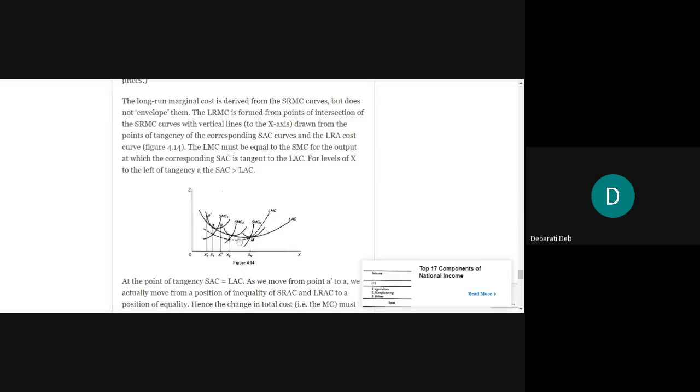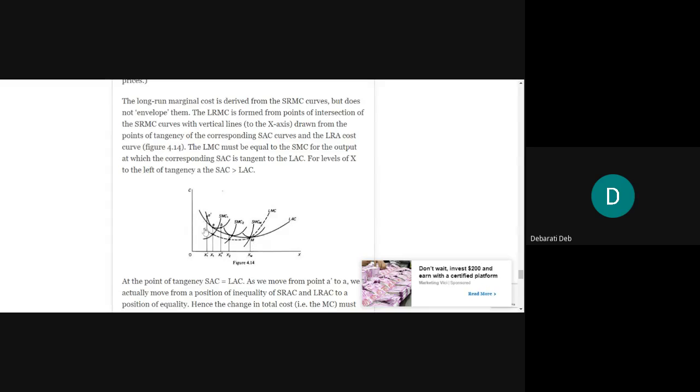See, when we started today's discussion, we started with the short run average cost curve. Then when we were drawing the short run marginal cost, we drew it from the bottom and stretched it towards the top. That point itself, we would draw this SMC through, which will also pass through this equilibrium point.